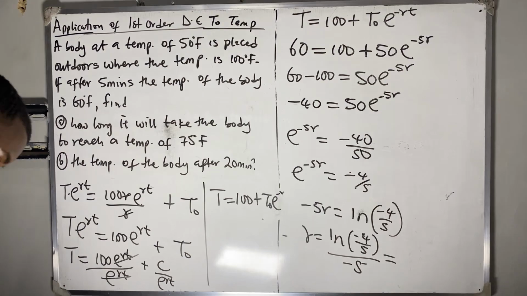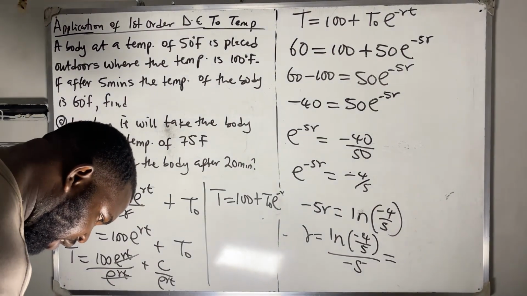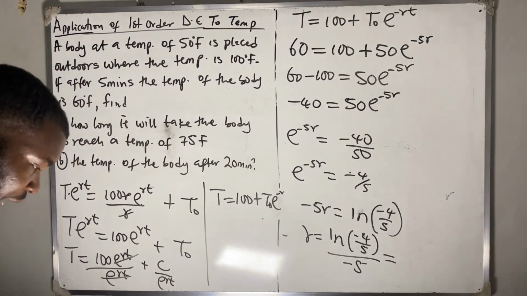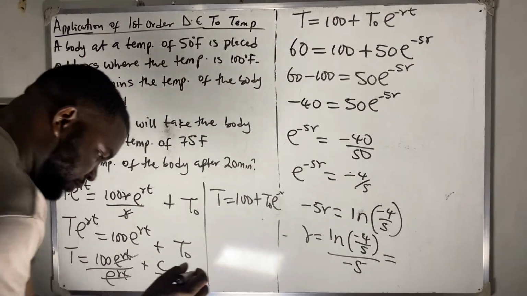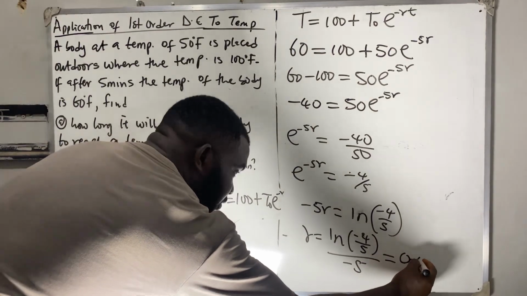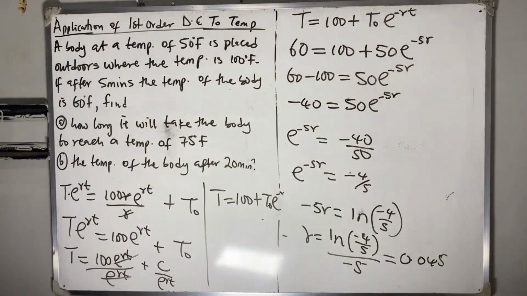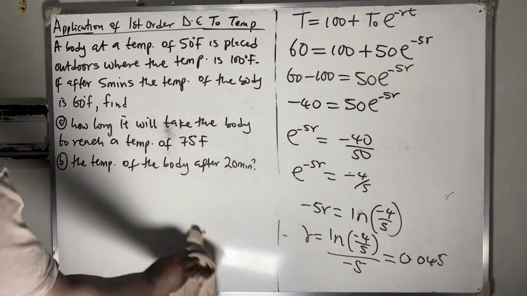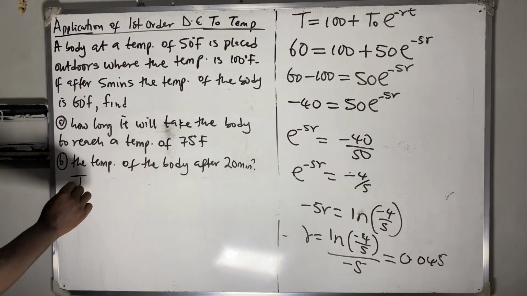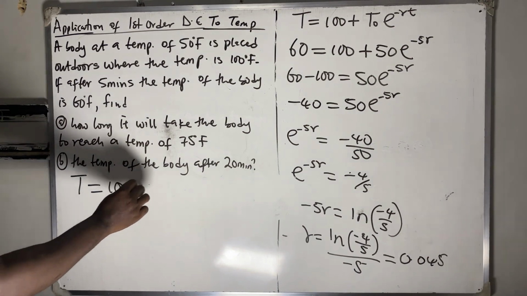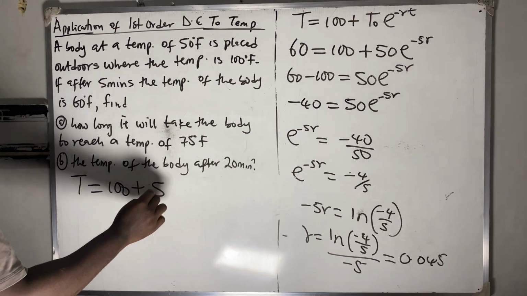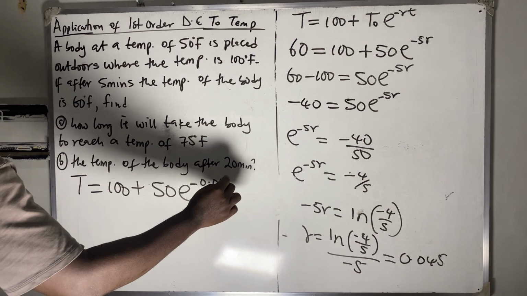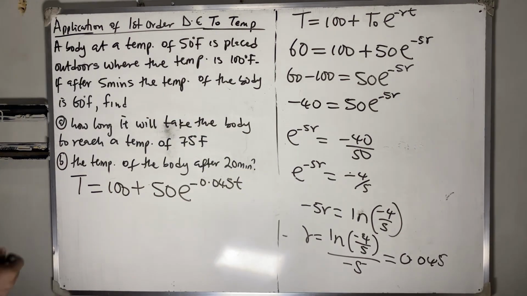If you do that, the result is 0.045, so 0.045 is our R. So if we put it back in our equation, to answer this question, the equation we are going to be using is T equal to 100 plus our T naught, which is always the same, 50, so 50 exponential minus 0.045T. Okay, this is the equation we are going to be using.